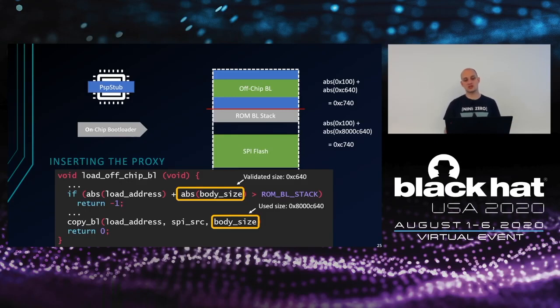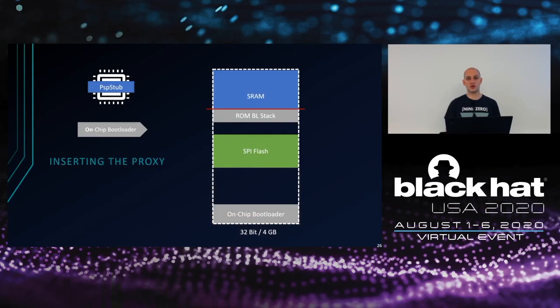Actually, this size now is way larger than the whole SRAM of this PSP. So if we use that copy operation right now, we would copy over the whole SRAM content of the PSP, including the on-chip bootloader stack. So let's do that to insert our stub. We place our stub within the SPI flash, and we append it with return addresses.